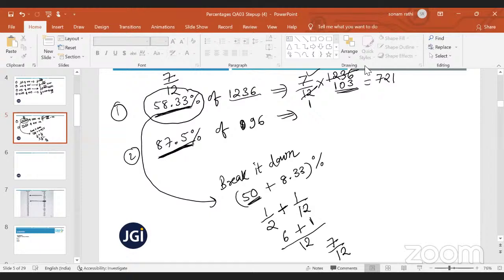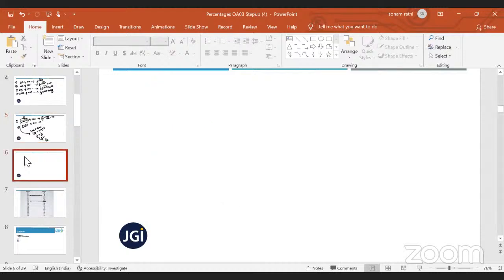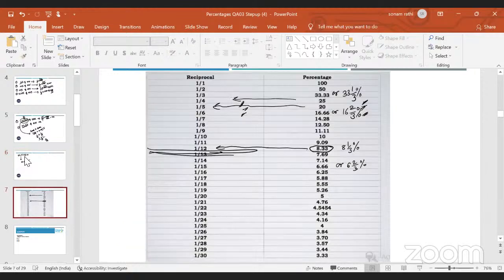Can I break down 87.5? How can I break down 87.5? 50 plus 37.5. Very good. I need to break 37.5 further because there is no 37.5 in my list.